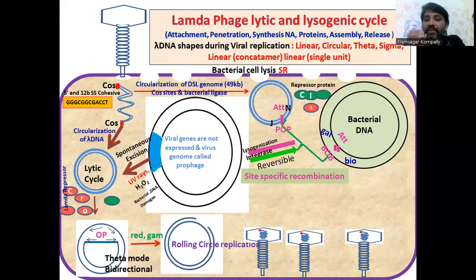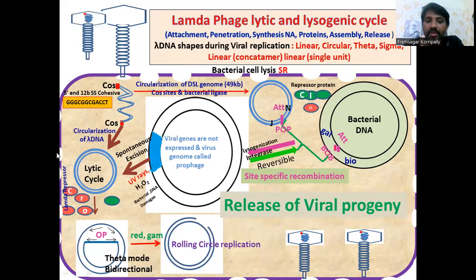They polymerize and form holes through which endolysin molecules go, and they are muramidases that break down the bacterial cell wall and form holes, and that leads to lysis of the bacterial cell and release of viral progeny.